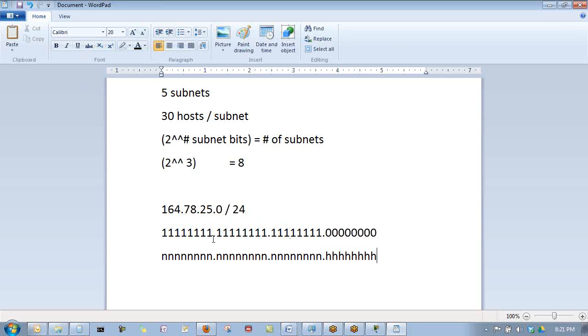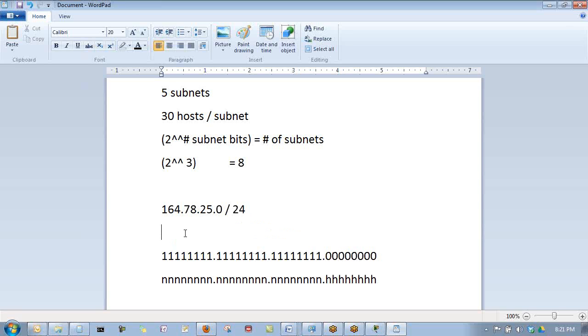Can anyone tell me if I were to write this in a dotted decimal format, what the subnet mask would be? 255, 255, 255, 0.